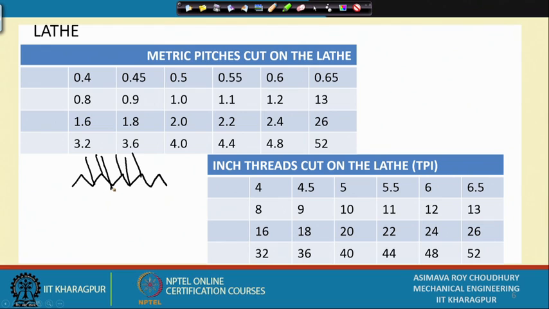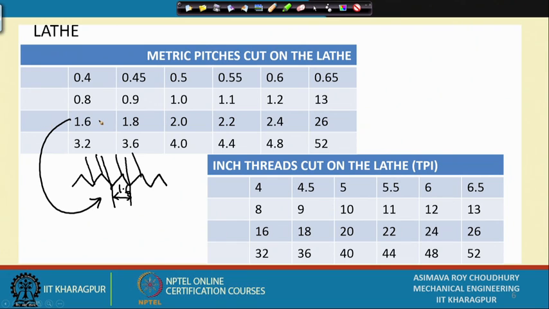If you want this to be, say, 1.6, they will say to set up the gears in a particular manner, which I have not shown up till now, and you will get 1.6 pitch.